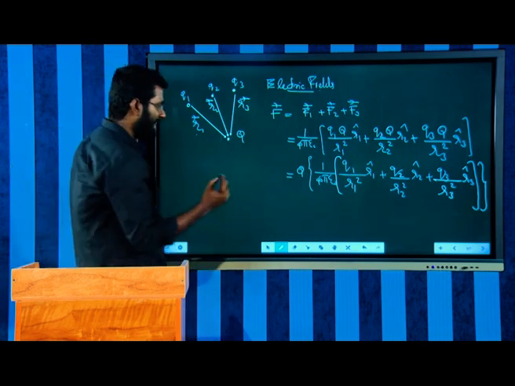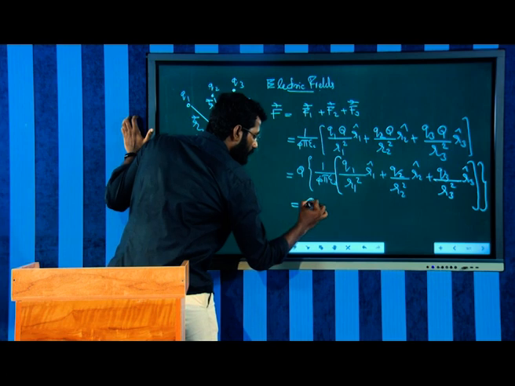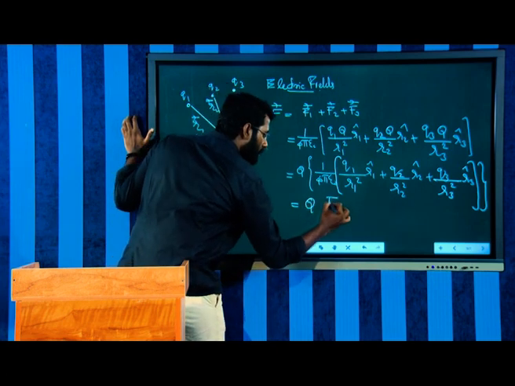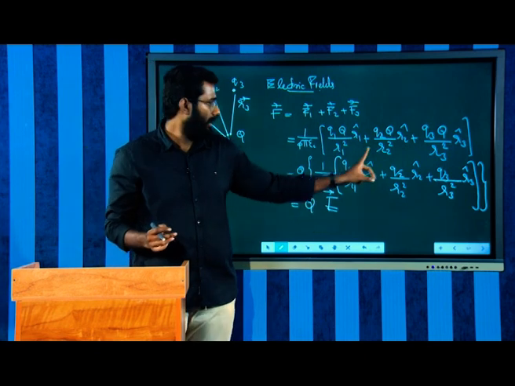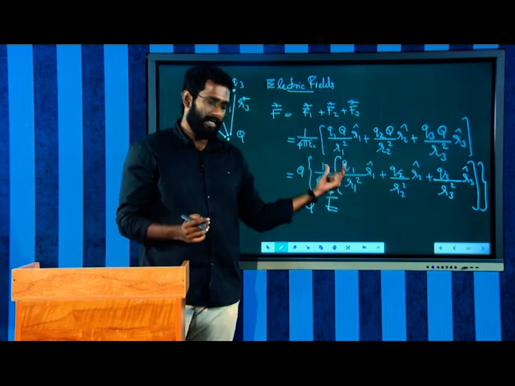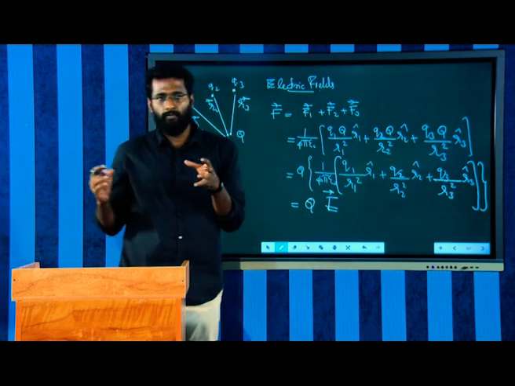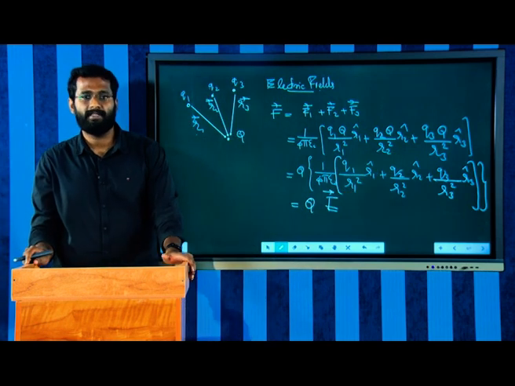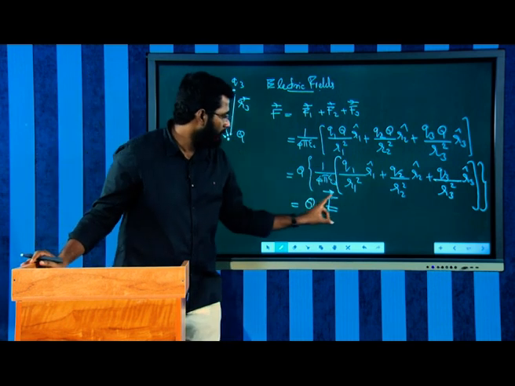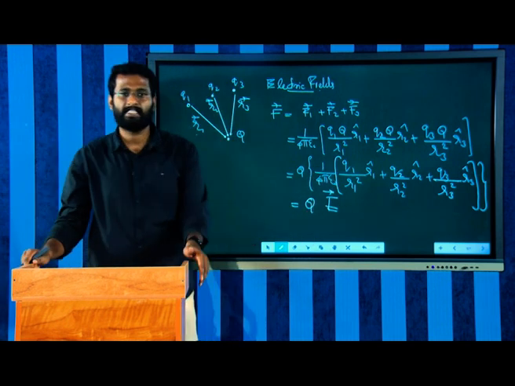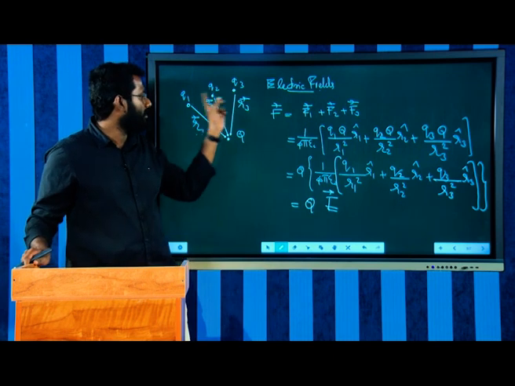Let me call it E, so the force is Q times E. Why is that a vector? Because there is R1 cap, R2 cap, R3 cap, each of these terms is a vector, so the sum will also be a vector, and we call that particular sum E, the electric field due to these three charges.